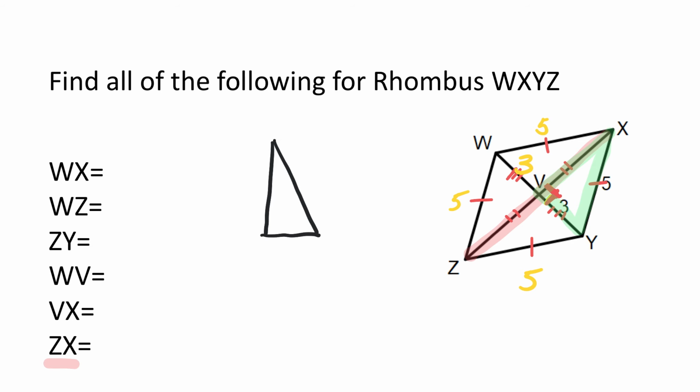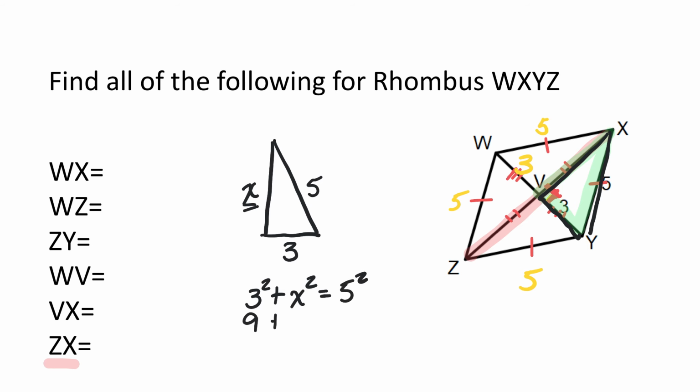Remember how I told you how popular that 3, 4, 5 triangle is? There it is. This side is 3. This side is 5. That means the other one is 4. But let's just do it. Leg squared plus leg squared, we'll call it x for the moment, equals the hypotenuse squared. 3 squared is 9. 5 squared is 25.